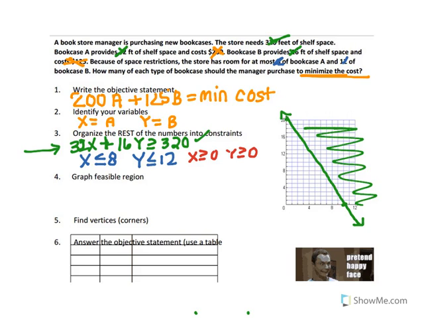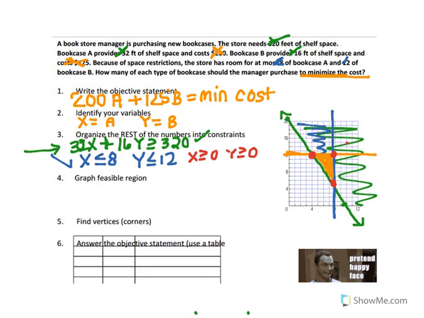Now I need x is less than or equal to 8. So I go to 8. I know that that is a vertical line. Less than or equal to means it's going this direction. Graph that. Y is less than or equal to 12, so I need to go where y is 12. And it looks like we're talking about everything in this little tiny triangle right there. So now I need to identify my vertices.